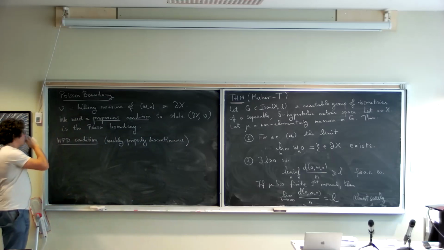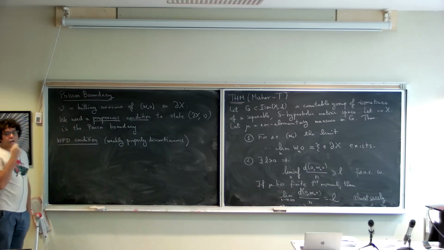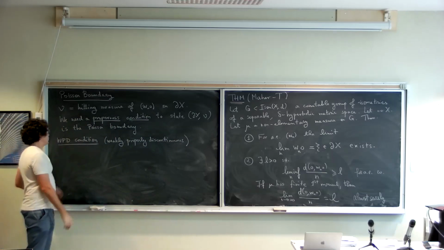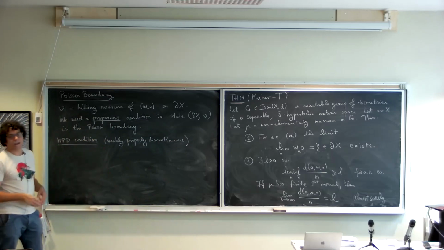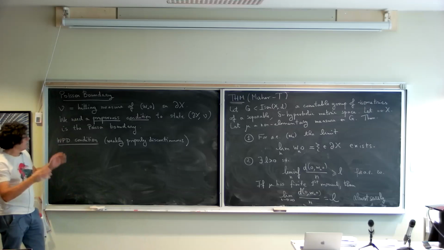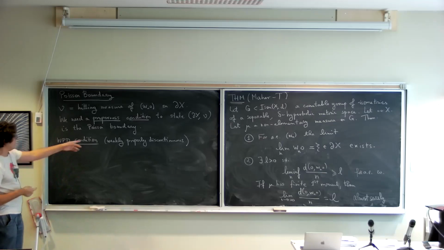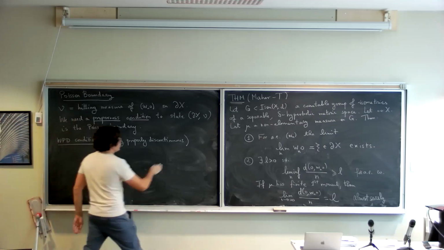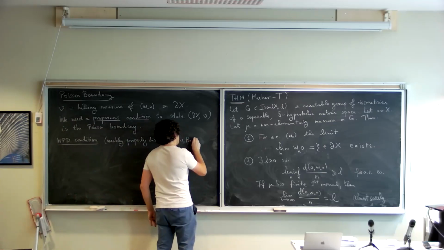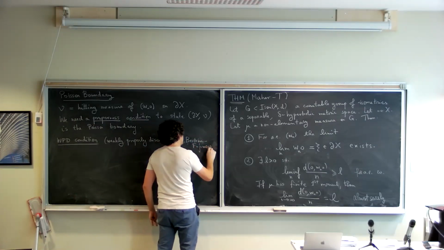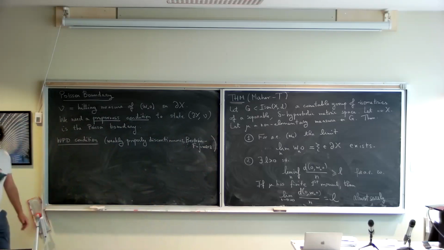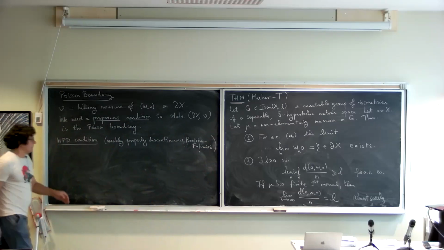In general, to ask that a group has a properly discontinuous action is too strong, especially if you're acting on these non-proper spaces, like the tree with infinite valence. But WPD, which I think is due to Bestvina and Fujiwara, is one correct way to analyze this notion.